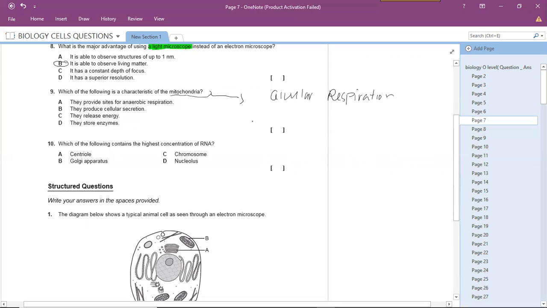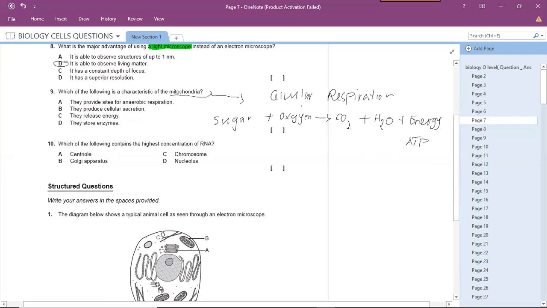And the equation for cellular respiration is sugar plus oxygen equals carbon dioxide, CO2, plus water, plus energy in the form of ATP, adenosine triphosphate.